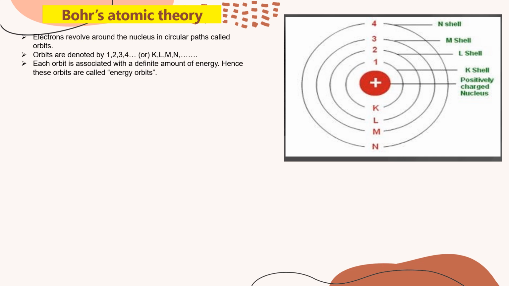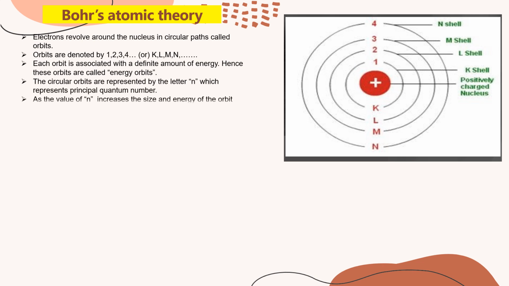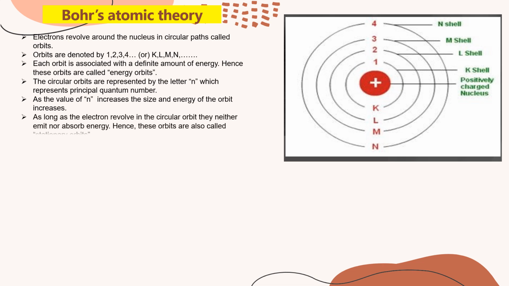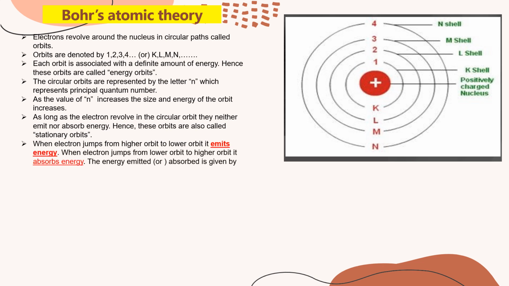The circular orbits are represented by the letter n, which represents the principal quantum number. As the value of n increases, the size and energy of the orbit increase. As long as the electron revolves in the circular orbit, it neither emits nor absorbs energy. Hence, these orbits are called stationary orbits. When an electron jumps from a higher orbit to a lower orbit, it emits energy.